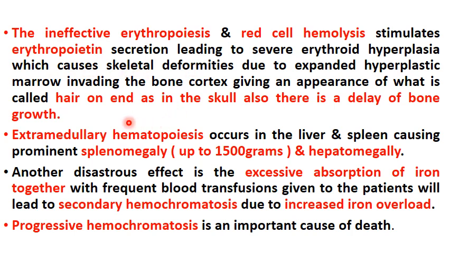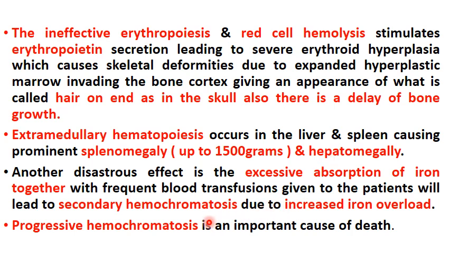Subsequently, because of the ineffective erythropoiesis, there is extramedullary hematopoiesis, occurring in the liver and spleen, which leads to splenomegaly, about 1,500 gram, and hepatomegaly. There is hepatosplenomegaly, enlargement of the spleen and liver.